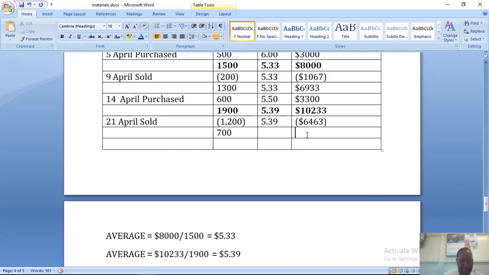So we have 3,770 as the closing inventory value. These units are valued at 5.39. That's the value of closing inventory.